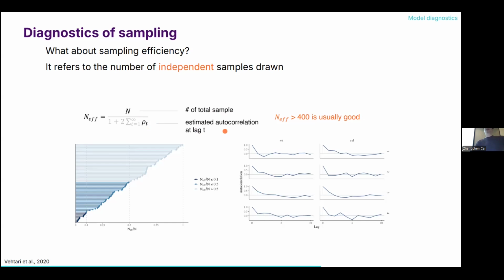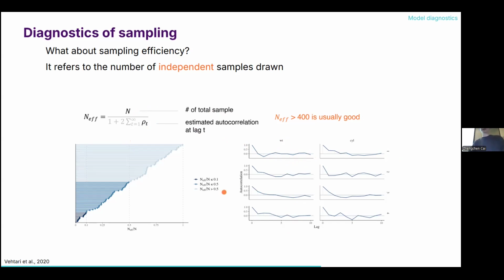Remember, we talked about the chain having some autocorrelation. Like here, we are checking for one parameter in one column, and each row is one chain, right? You can see the autocorrelation of the chain, and then you can estimate how many independent samples I have out of all the samples of the chain.